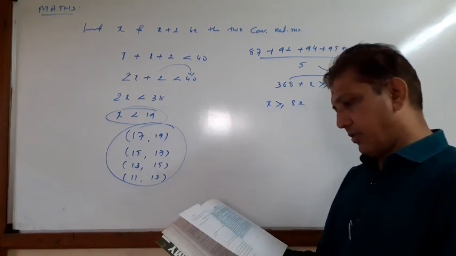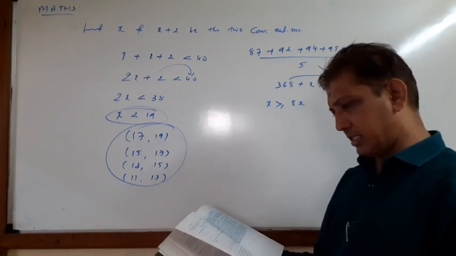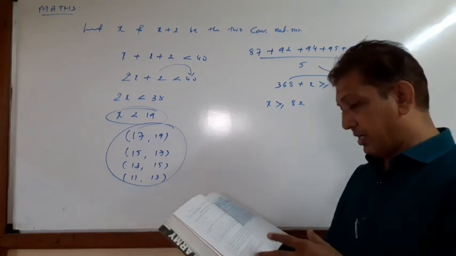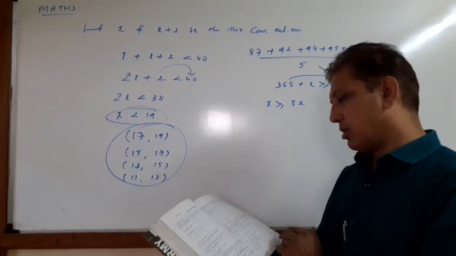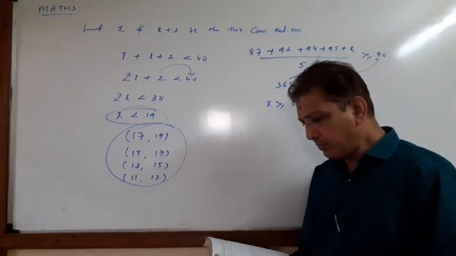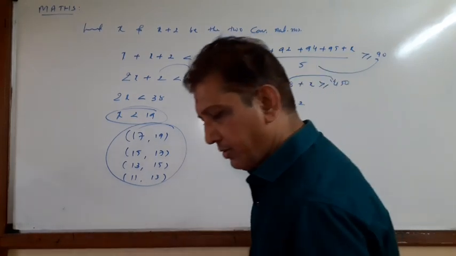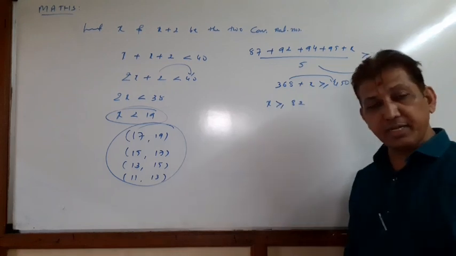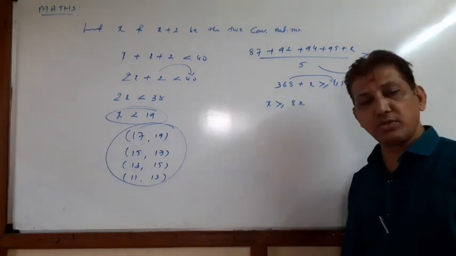I think about 10 to 12 sums are remaining. I will try to complete the chapter in the next lecture. Thank you very much. Revise this exercise, repeat these sums, revise as much as possible. Okay, thank you very much.